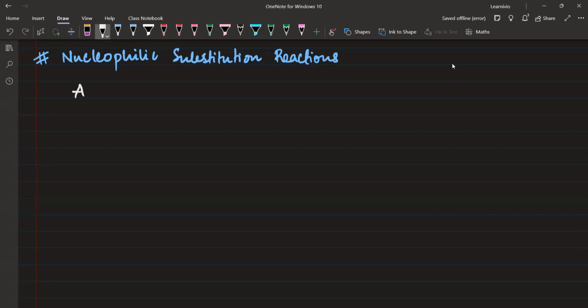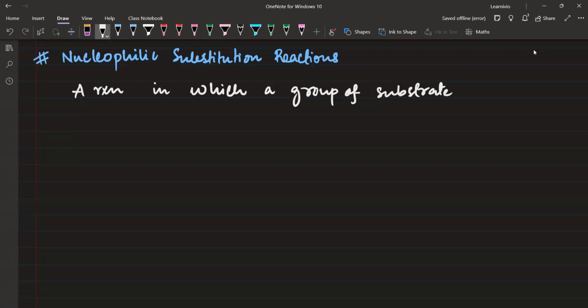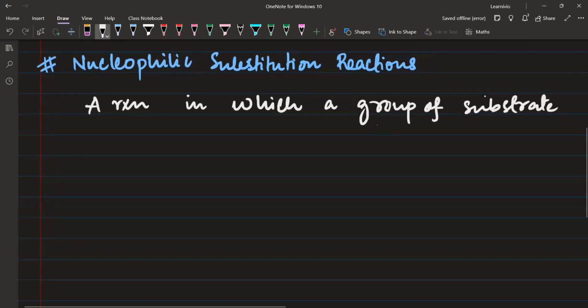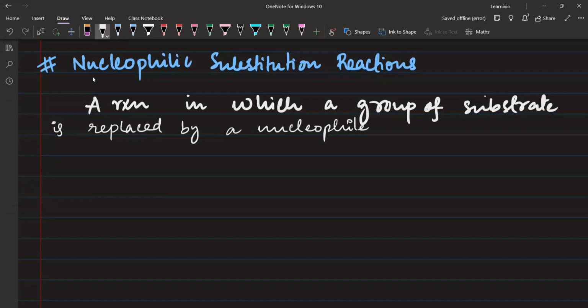A reaction in which a group of a substrate is replaced by a nucleophile is called nucleophilic substitution.